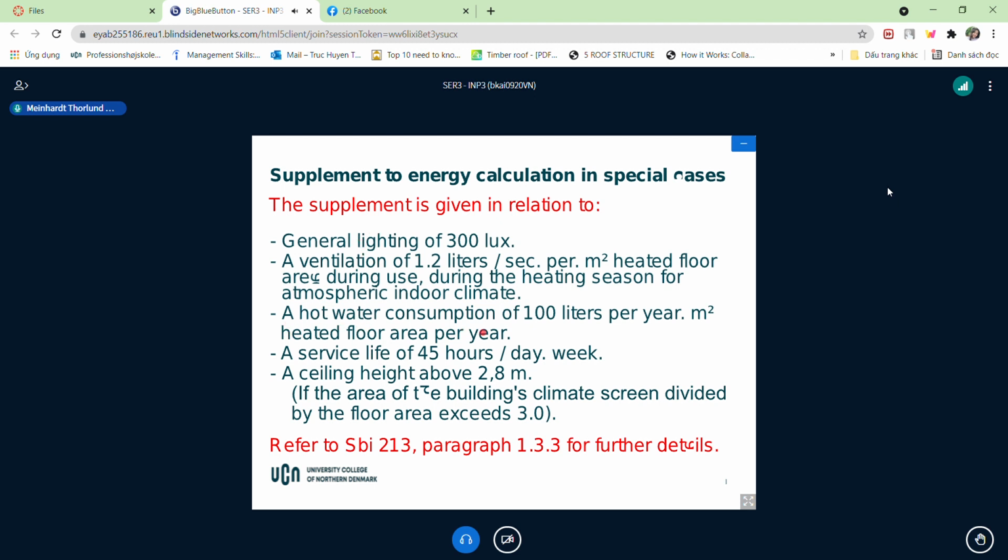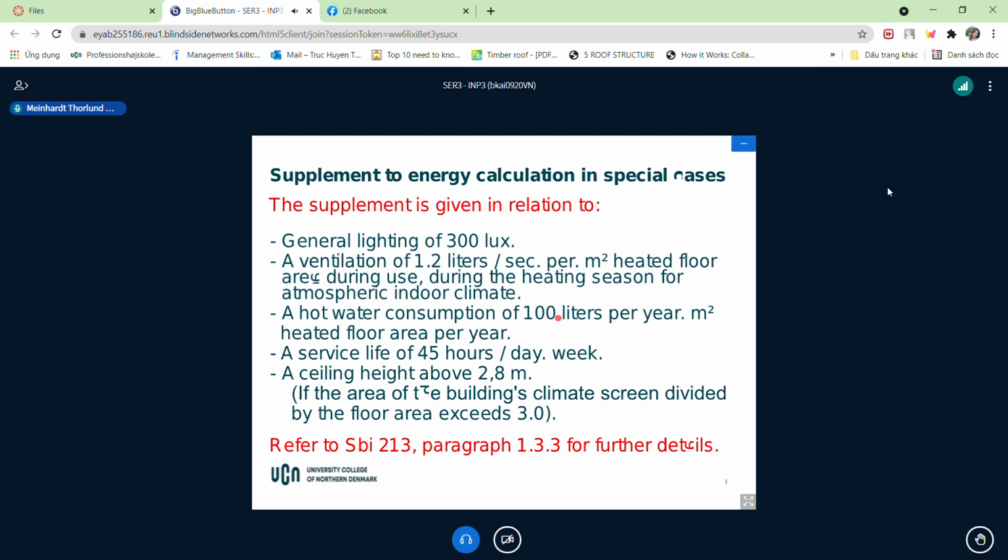If the hot water consumption for typical buildings, or what we specified as other buildings like offices, is above 100 liters per square meter of heated floor area, that could be a swimming hall, a place where you go for swimming, or it could also be a sports institution or sports place where a lot of people will take a shower.